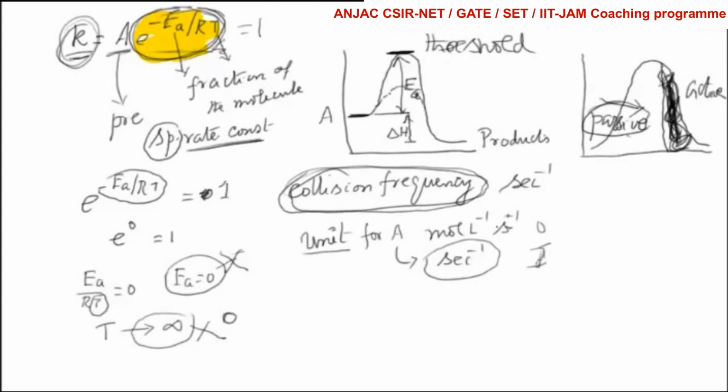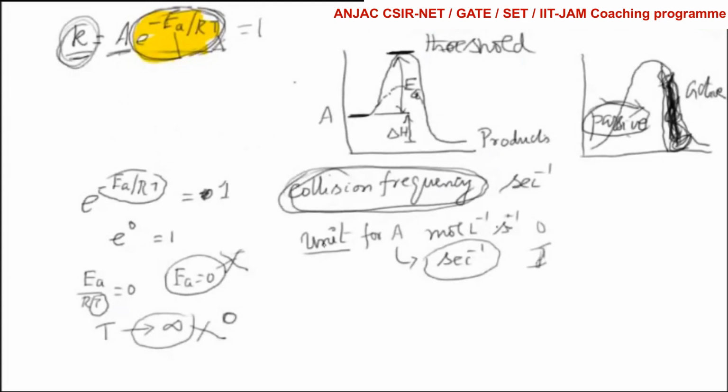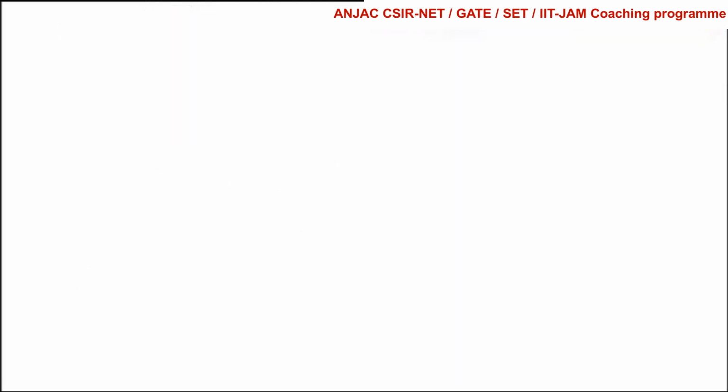And now we are going to see the other kind of equation. The Arrhenius rate equation is given in the exponential form: K is equal to A into e power minus EA by RT.